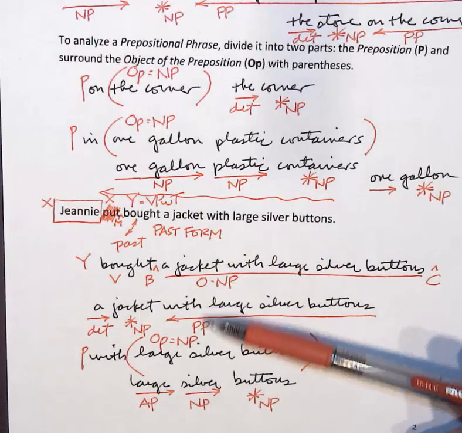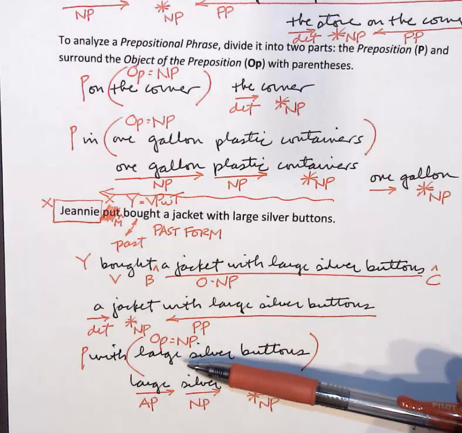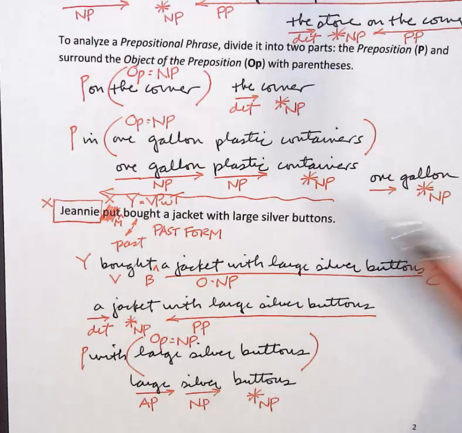We have noun phrase, prepositional phrase that has a noun phrase. And this really shows us how language is created from the same basic pieces that are just assembled, reassembled, transformed, and manipulated and changed so that we can use them to express our ideas.